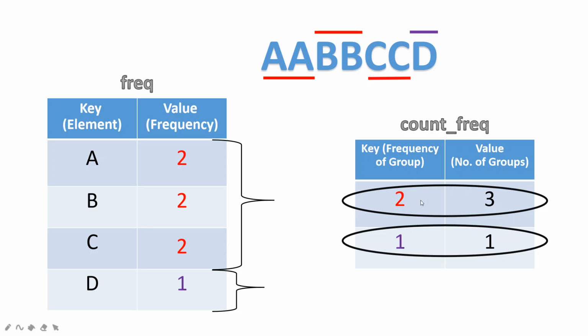The different frequencies will be categorized as different elements in the second hash map. That's why the size of the hash map will vary according to the number of different frequencies.